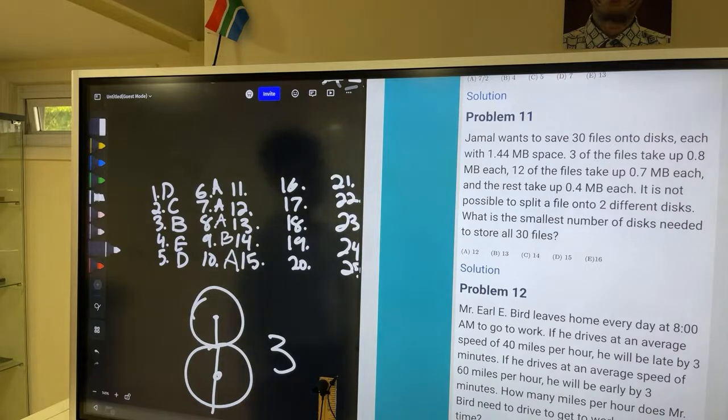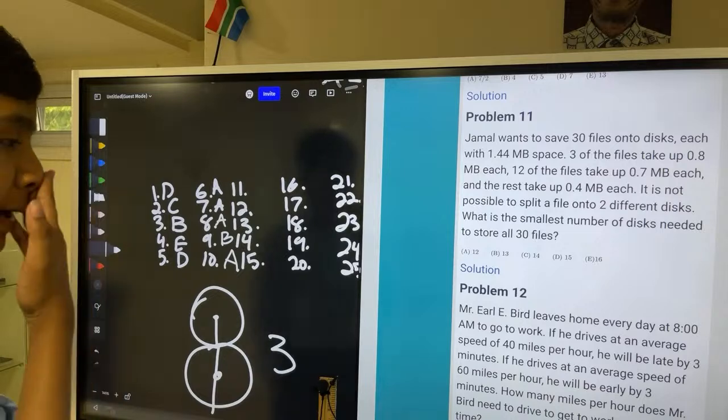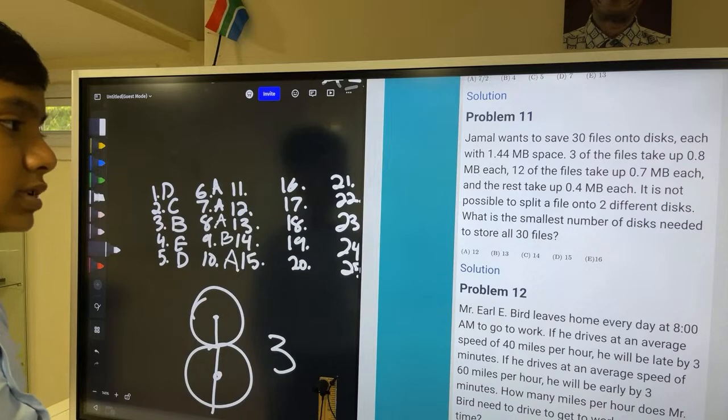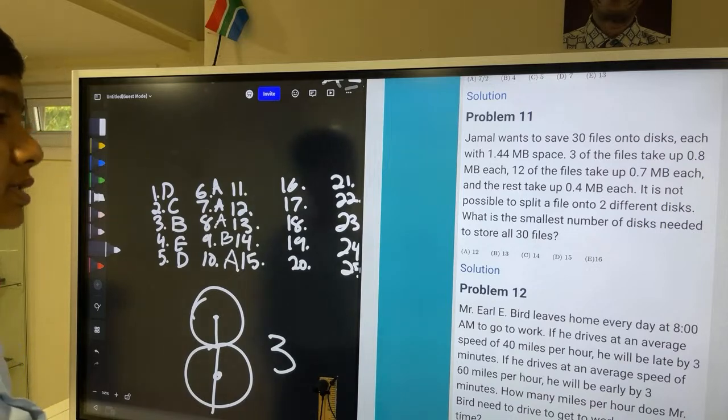Jamal wants to save 30 files onto disks, each with 1.44 megabytes of space. 3 of the files take up 0.8 megabytes each, 12 of them take up 0.7 megabytes each, and the rest take up 0.4 megabytes. It is not possible to split a file. What is the smallest number of disks needed to store all 30 files?